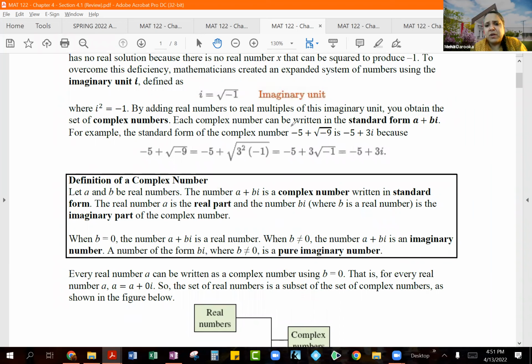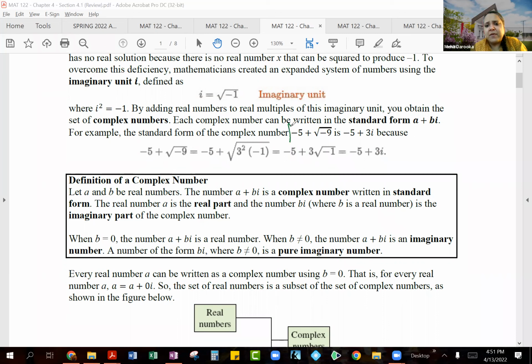So let's say you were given -5 plus square root of -9. We actually end up breaking that square root of -9 into 2 parts, because you separate that negative by using -1, because of course -1 times 9 gives us -9. If I separate the square root of -1 from the square root of 9, well, square root of -1 we just saw becomes the imaginary number I. Square root of 9 gives us 3.